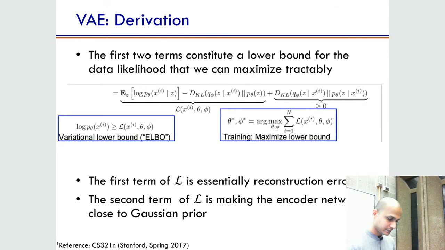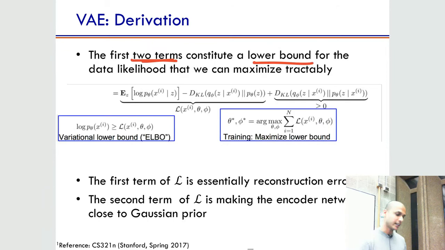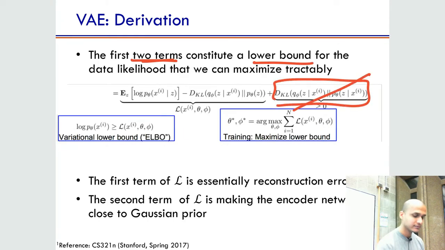Okay. So I copied the same 3 terms into the next slide. The first 2 terms are a lower bound to the data likelihood. Remember, the left hand side was the data likelihood for a given observation, the ith observation. The first 2 terms are a lower bound because the third term I can drop. I can drop it because it is a KL divergence between 2 distributions.